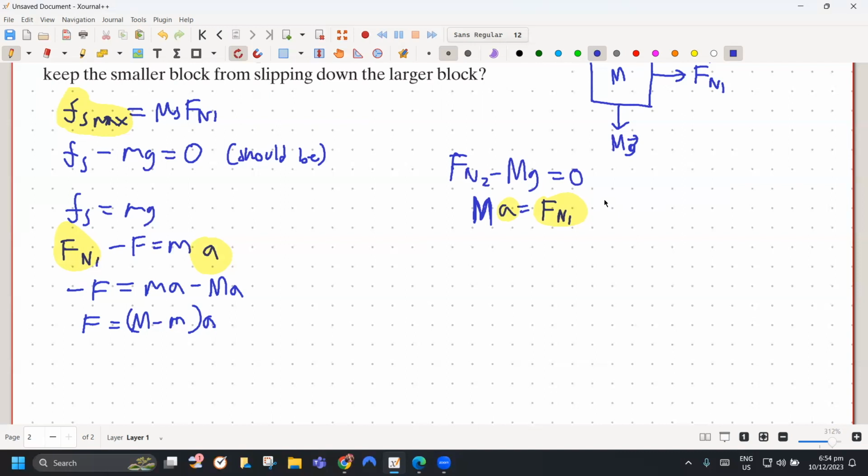Yung A natin dito is hindi yan yung ano, yan yung x component ng acceleration. So may signs yan, no? So yung A iwan lang yan. Yung left hand side, yung Fn1 minus F, tingnan mo.